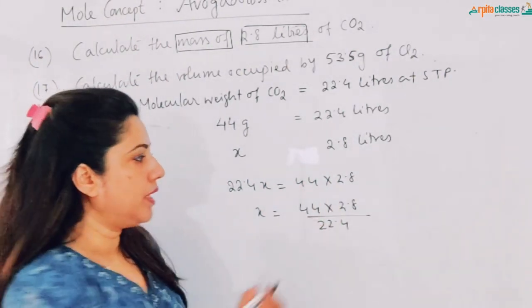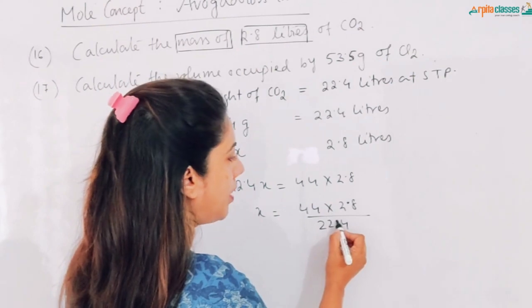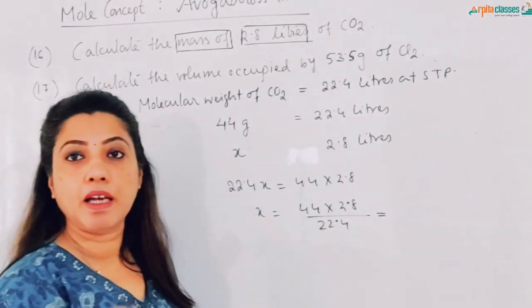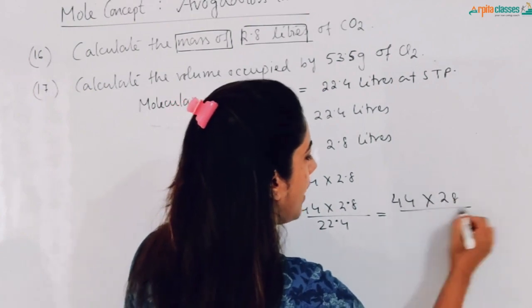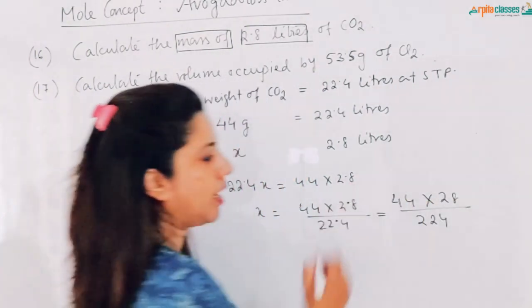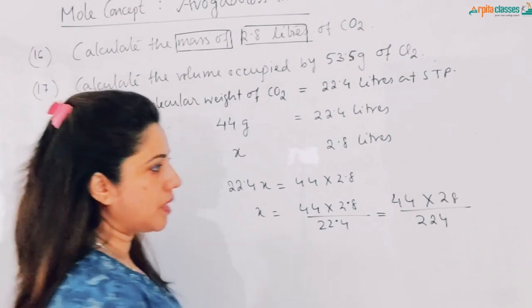We can see there is a decimal point before one digit in the numerator and also in the denominator, so we can simply neglect the point. It is 44 into 28 divided by 224. Now we can reduce it to the lowest term.